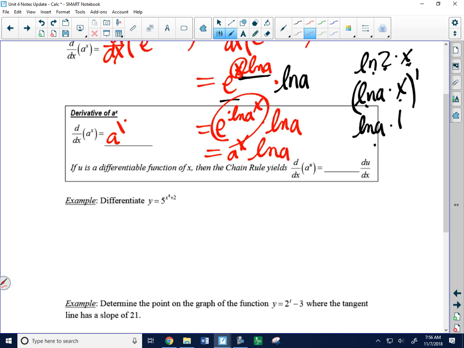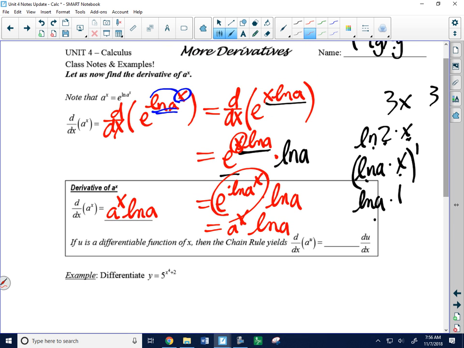And so I get that the derivative of a to the x is a to the x ln a. What I did again was just change how it looked, so that I could use the exponent rule for e to the x. Then I did the derivative, got this, moved the x back up here, and then changed this back to what it originally was.